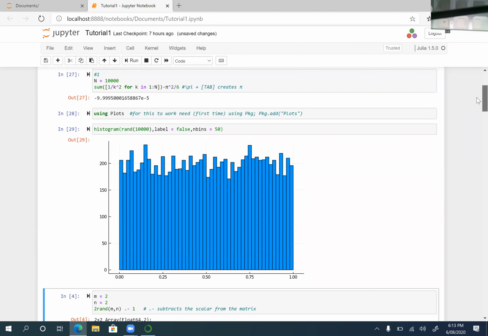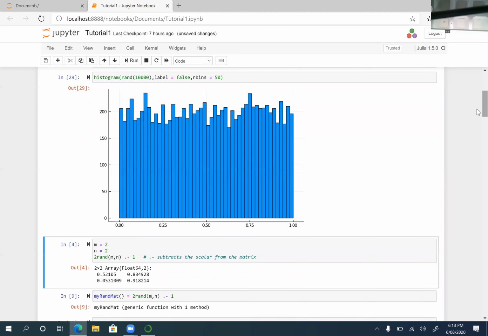Okay, next. So next what we want to do is create random matrices. The way that we do this is, we first try this process out. We put m equals 2, n equals 2, and then we have a random m by n matrix.